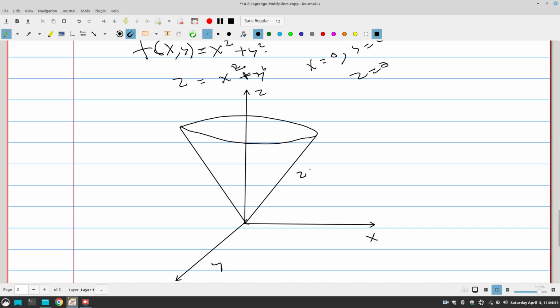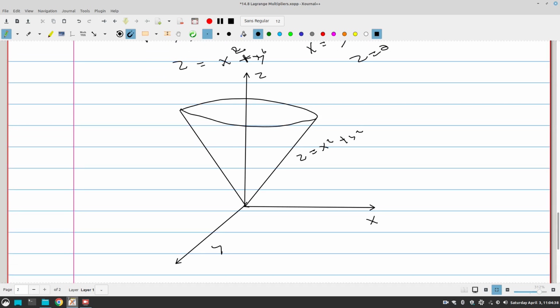So this is z equals x squared plus y squared, and the level curves of this are given by, of course, f of xy equals some constant c.